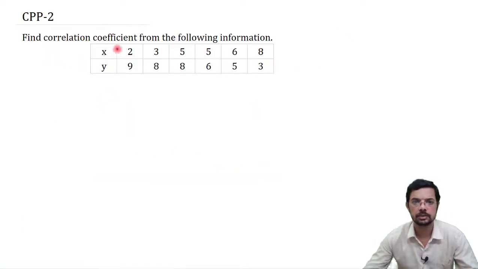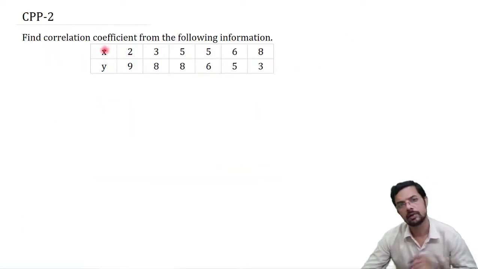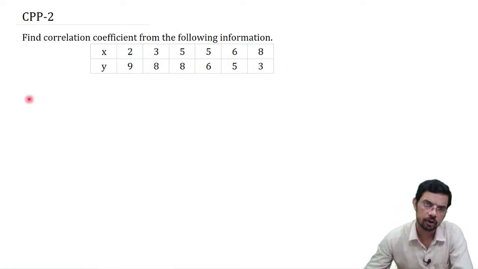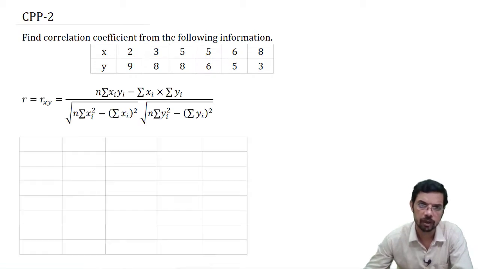Here we have got the raw data, x and y, and we need to find all the values which we placed in the previous formula. So let us see what the formula is and what all things we need to find. First of all we require sigma xi and sigma yi.